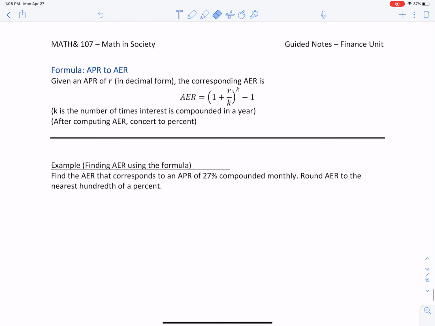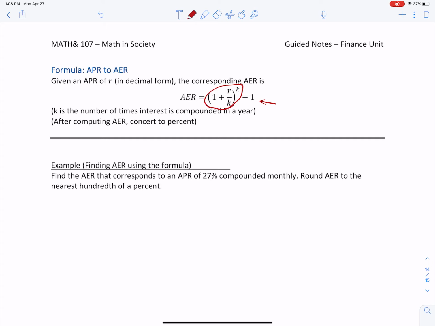So here is a formula for that. And if you're interested in learning more about this formula, I'm more than happy to walk through it with you. Basically, it's what happens if you invest $1. So this part right here is what you earn over the course of the year. This is subtracting off your investment, so you're subtracting your $1.